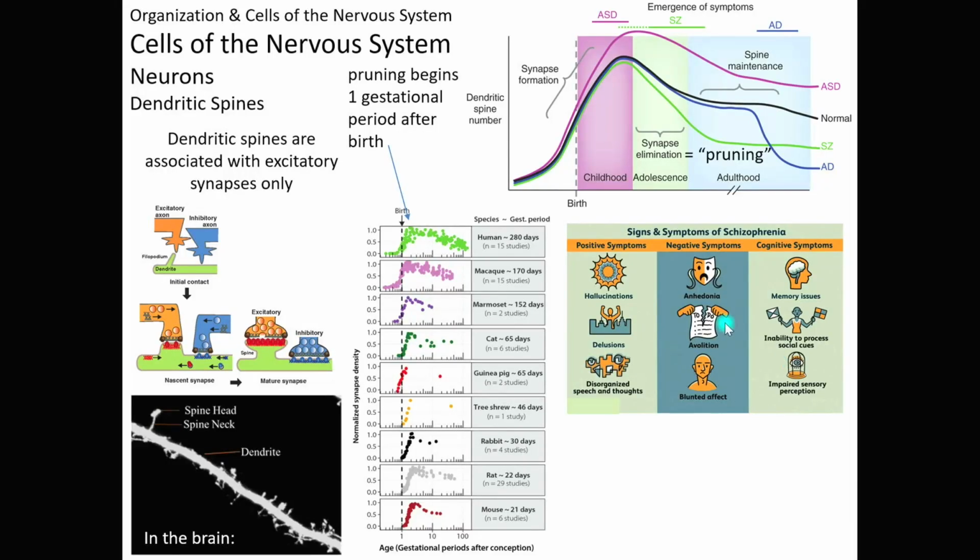The other thing that's interesting here is this idea of hallucinations and delusions. And I think we can also explain this, because if you are overly pruning the synaptic spines, and therefore getting less sensory input coming into the nervous system and being processed by the brain, it's kind of like when we were talking about the immune system.